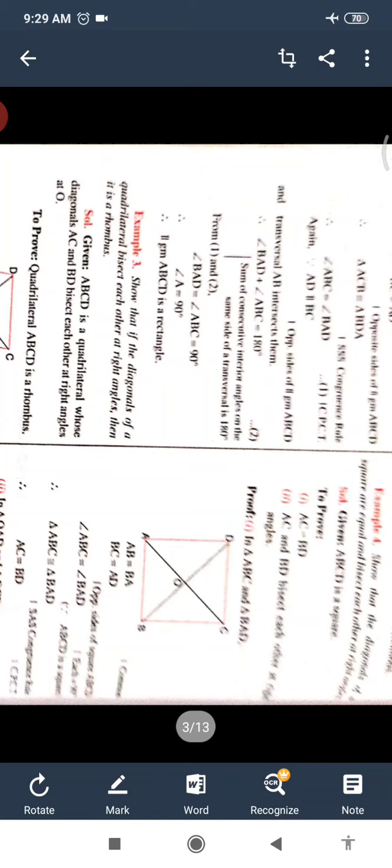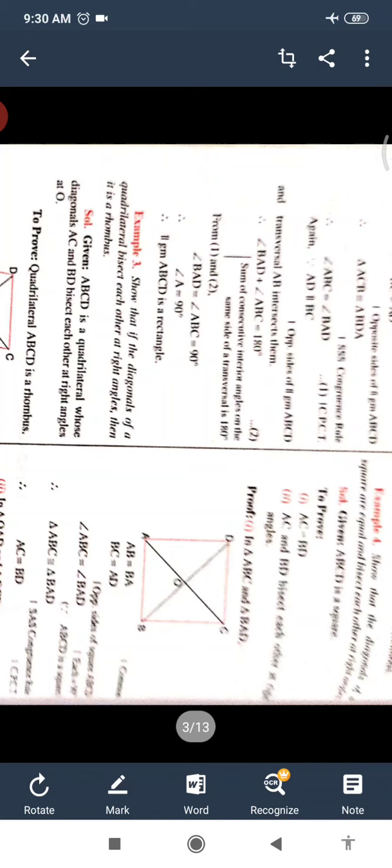Proof: in triangle ABC and triangle BAD, take two triangles: ABC due to the first diagonal AC, and ABD due to the second diagonal BD.